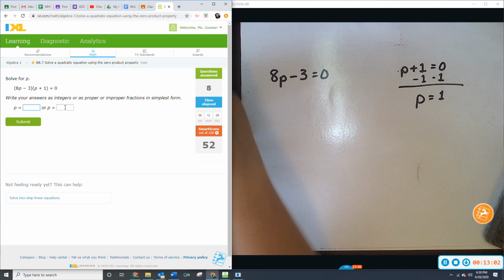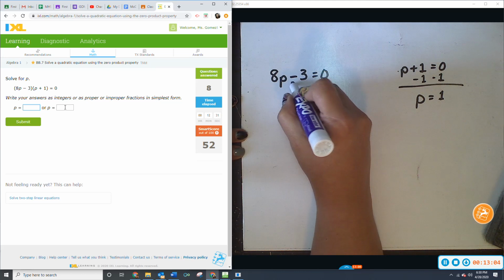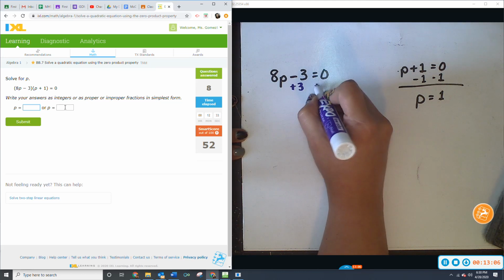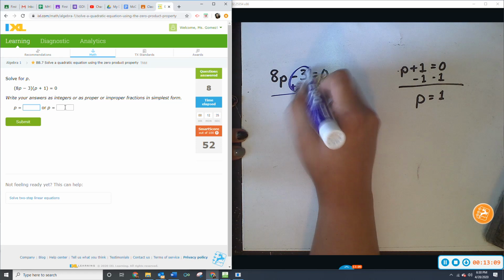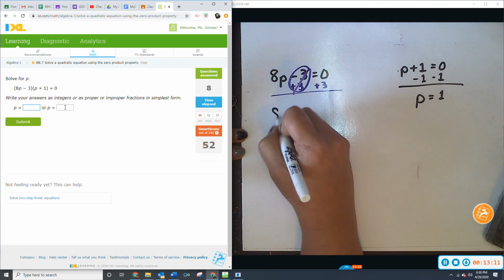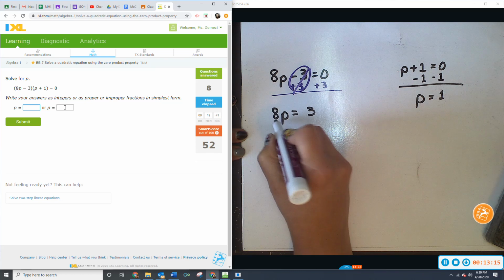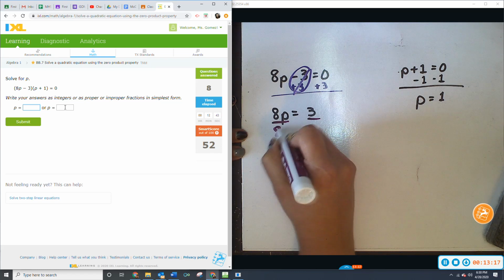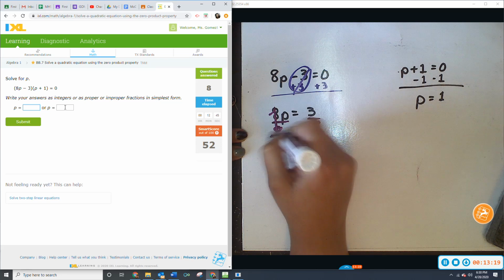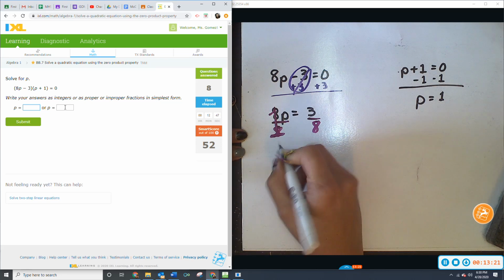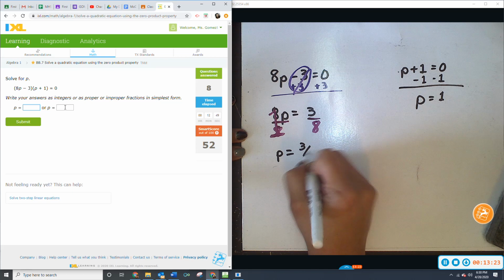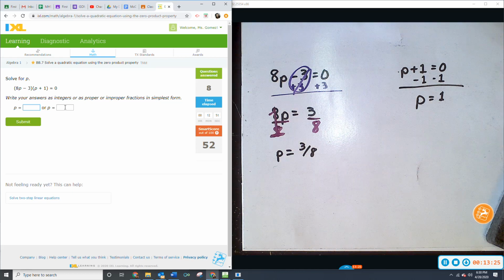But here, I need to remove my constant by adding 3 to both sides. And bring down 8p is equal to 3. And then removing my coefficient of 8 by dividing by 8, reducing that to 1p is equal to 3/8. So 3/8 and 1.